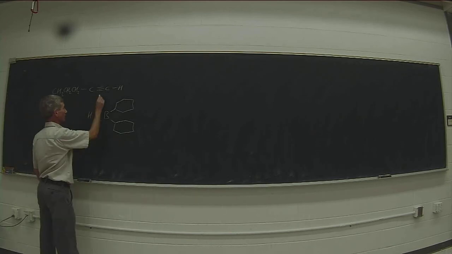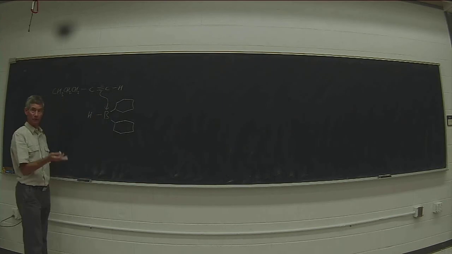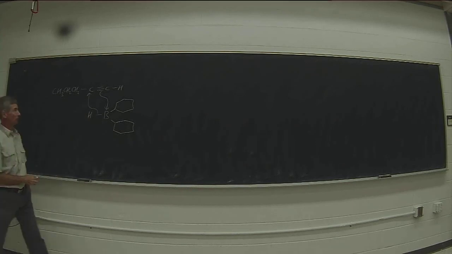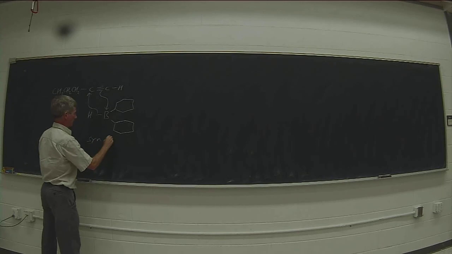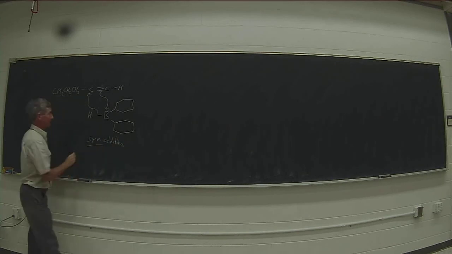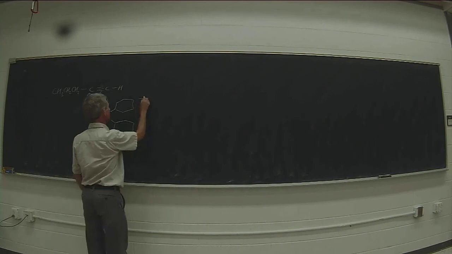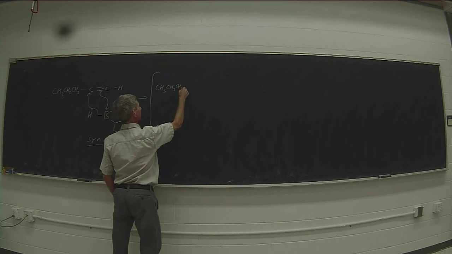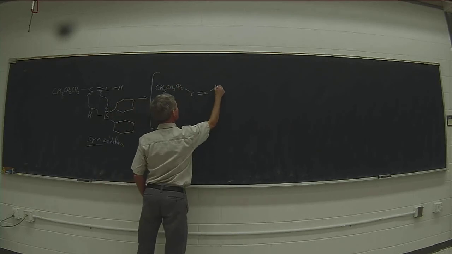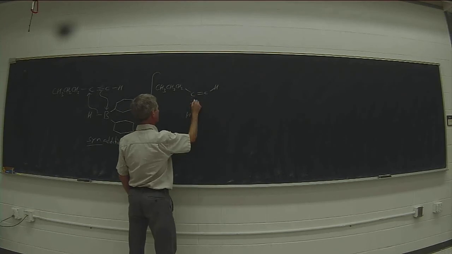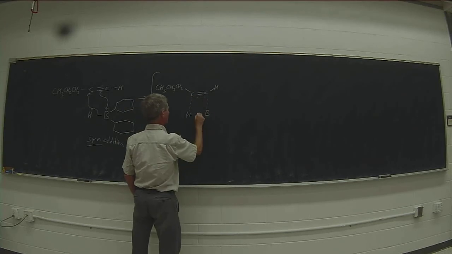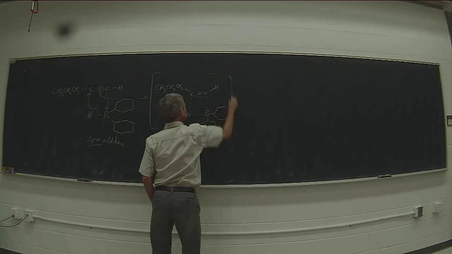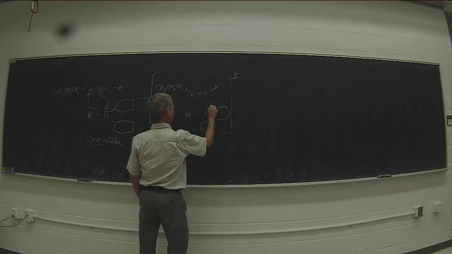And we're going to have a concerted mechanism where the pi bond attacks the boron, which is electron deficient, and simultaneously the hydrogen attacks the carbon. So this is a syn addition, because it's going to go through a 4-membered ring transition state. And since the nucleophile and the electrophile are both coming from the same molecule, they have to come from the same side.